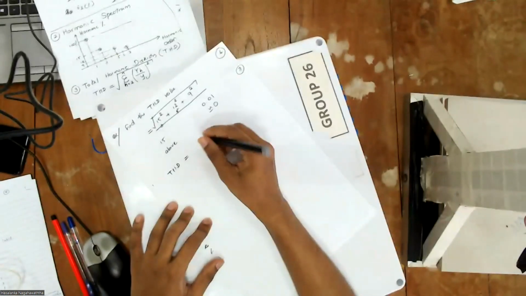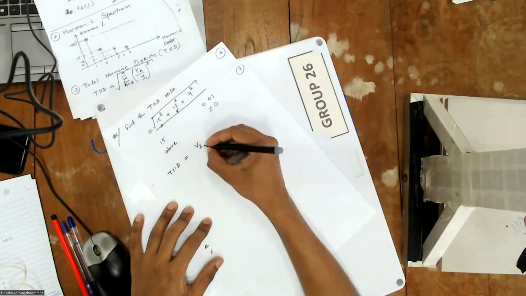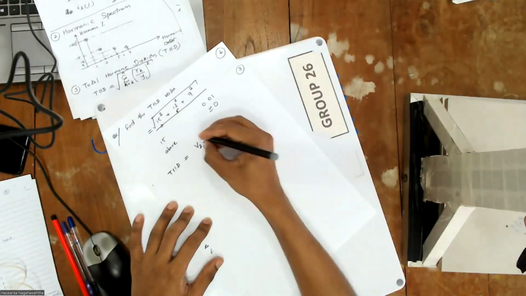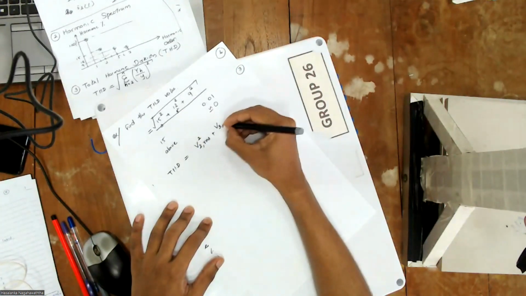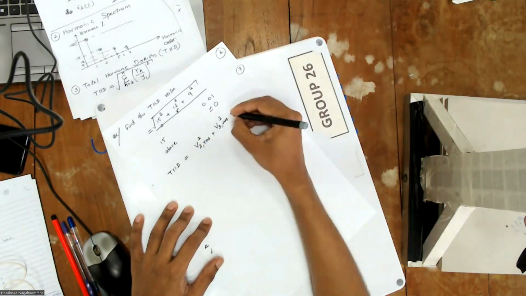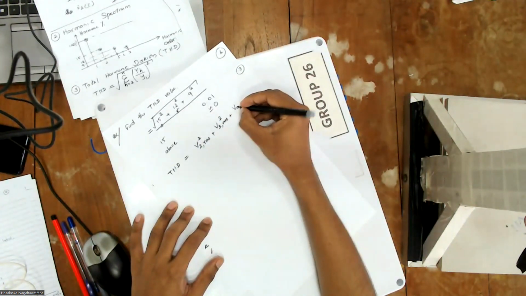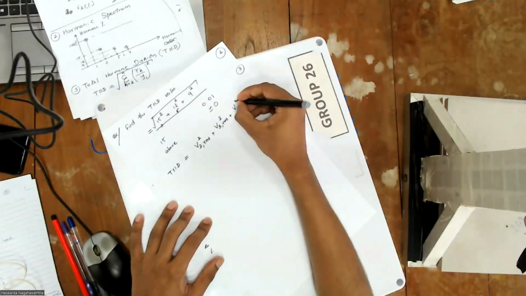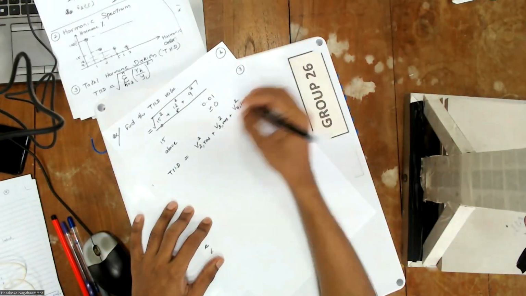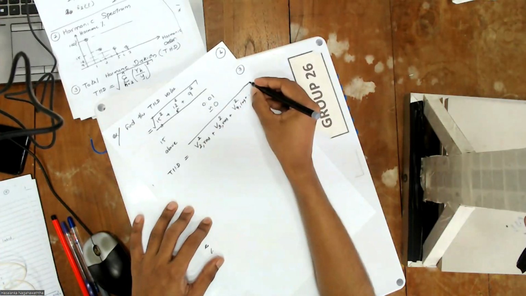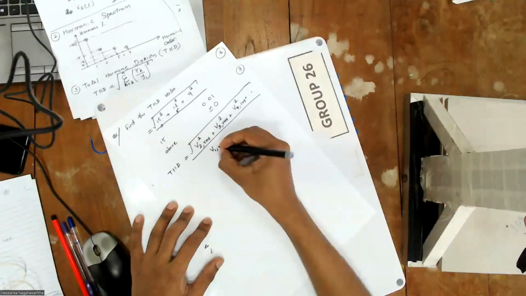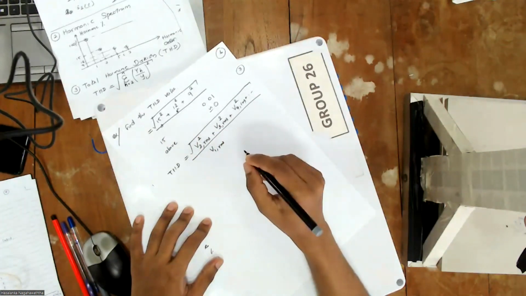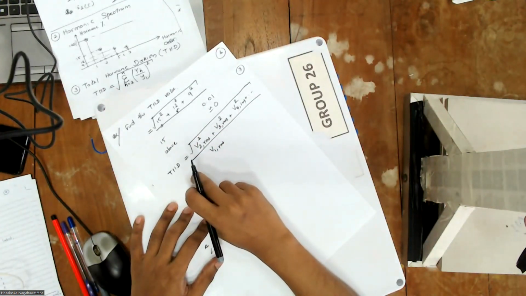THD is V2 RMS value squared, V3 RMS value squared, V4 RMS value squared, likewise up to n, take the square root and divide by the V1 RMS value. This is the definition I gave.